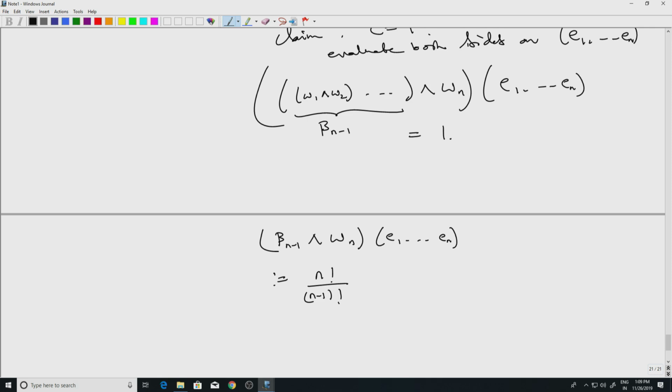And then of course this is a one form, so this is the sum over sigma in Sn of sign sigma, beta n minus 1 of E sigma 1 up to E sigma n minus 1, multiplied by omega n of E sigma n.